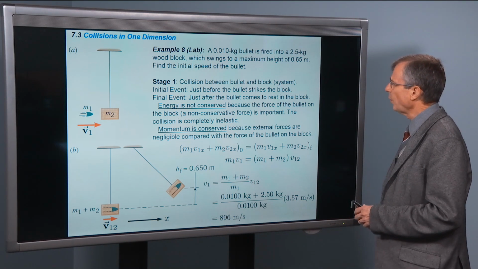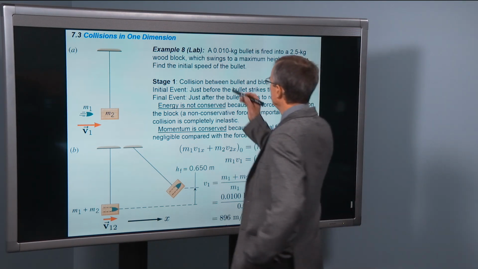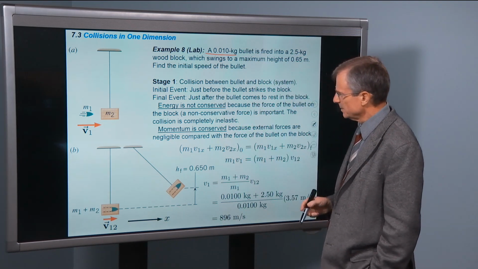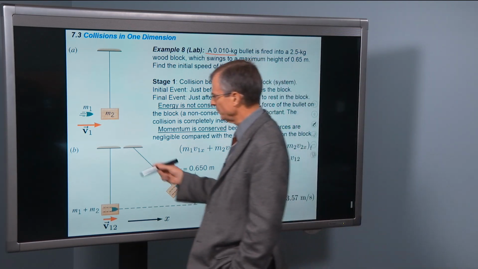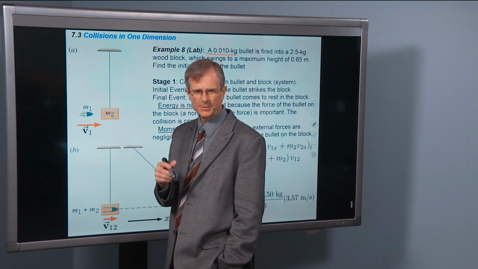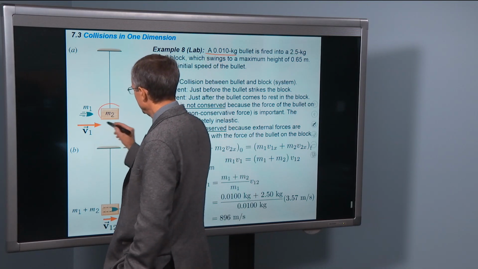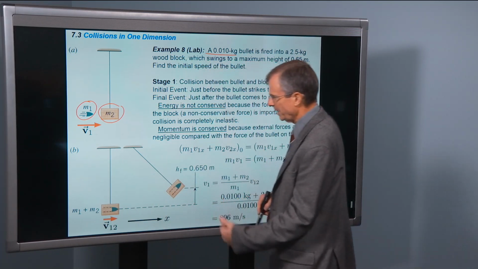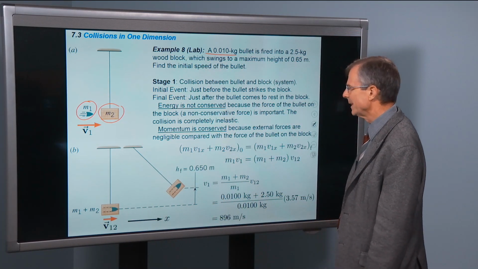A 0.01 kilogram bullet. So we've actually reversed the direction here and we've replaced the whole metallic structure with a block of wood and a bullet. And the bullet is coming from the left instead of from the right in the video.